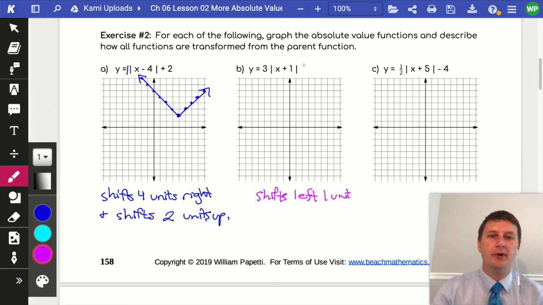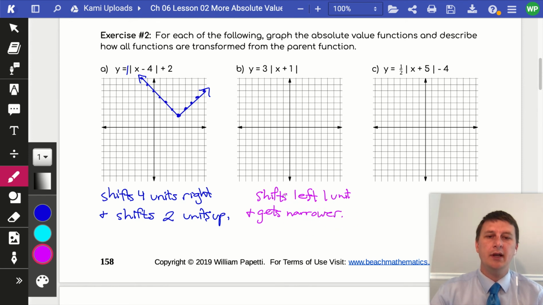We're not going to go up or down at all because there's nothing being added or subtracted outside. But it's also going to do something by multiplying by 3. And remember, one of our rules for transformations is that when we multiply by a number greater than 1, it's going to make it narrower. So we're going to say it gets narrower.